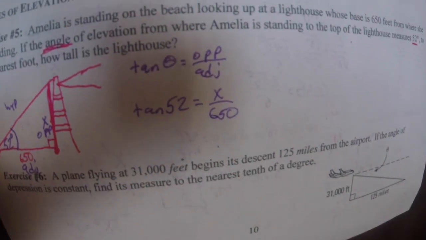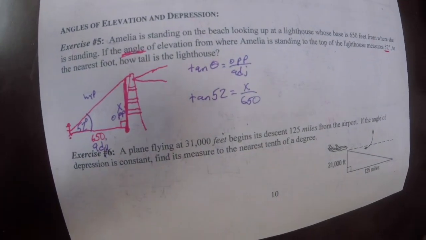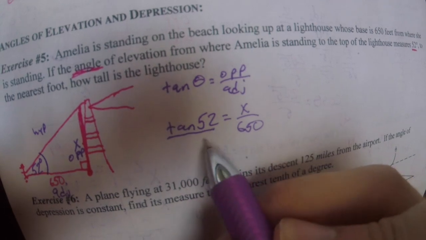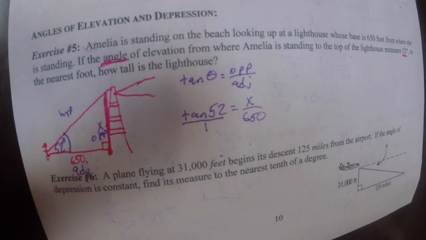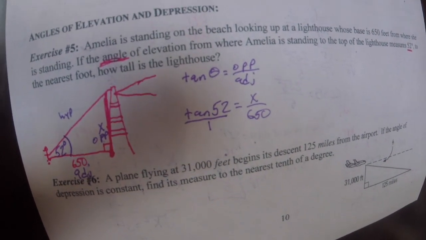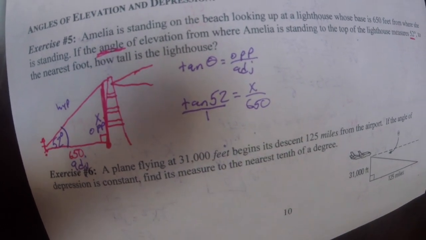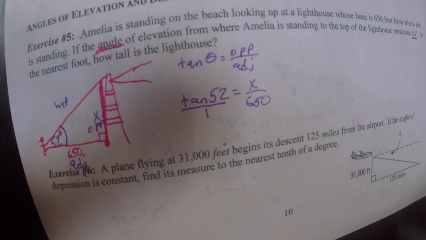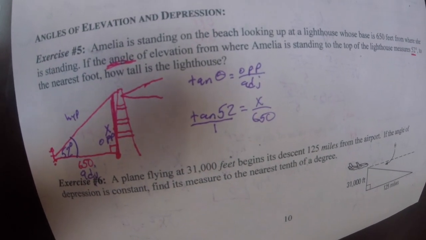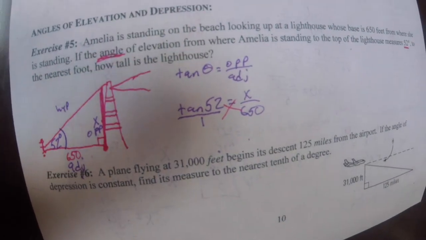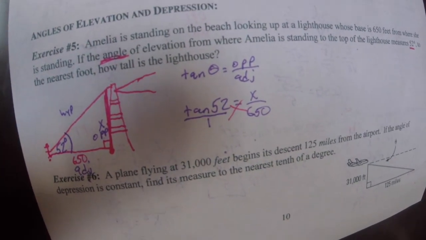Here's the way that I taught it, and for those of you that were lucky enough to have me last year, I always liked to put it over a 1. The reason I like to do that is because a lot of kids, when they see a fraction is equal to a fraction, they love to cross multiply, which is exactly what I'm going to do here. Most kids are pretty good at remembering that, so I like dealing with it as a fraction.